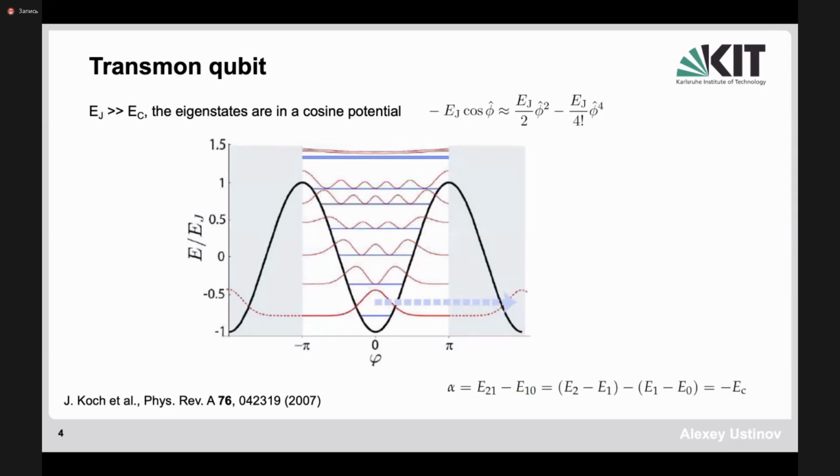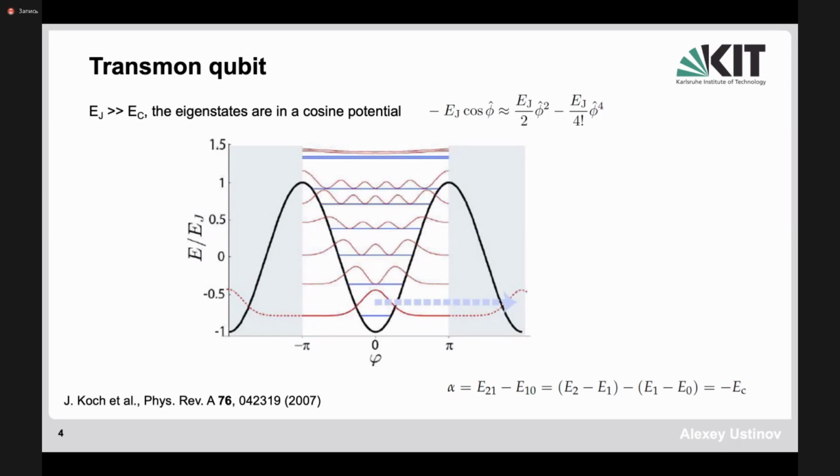And the parameters are such that the effective mass of this quantum degree of freedom is such that the quantization of the energy levels gives us eigenstates, which are only a few, between 7 and 10, so to say.